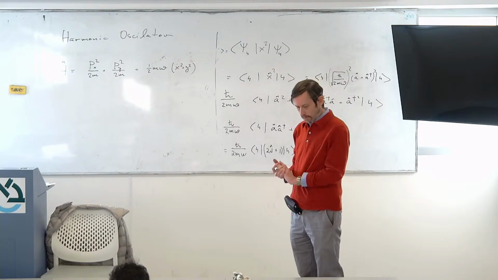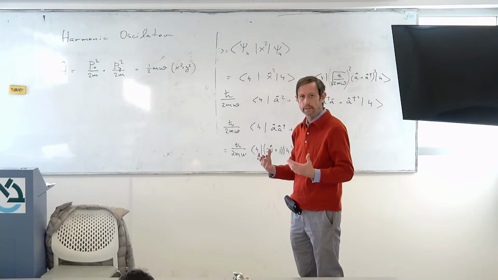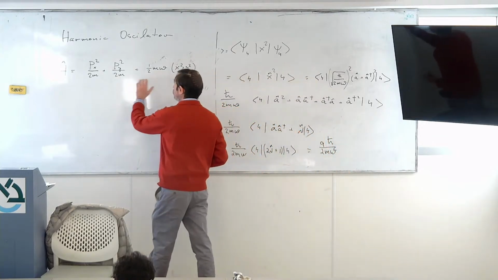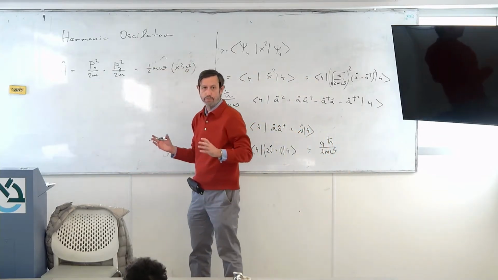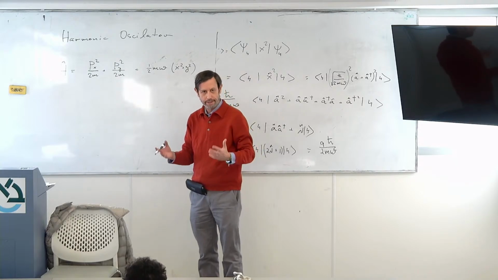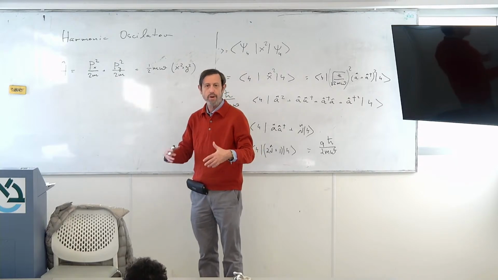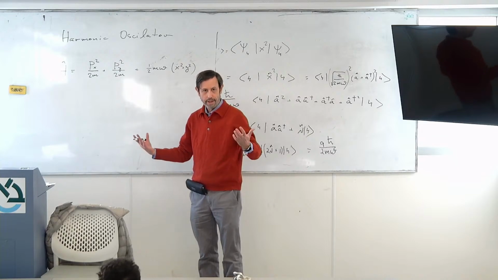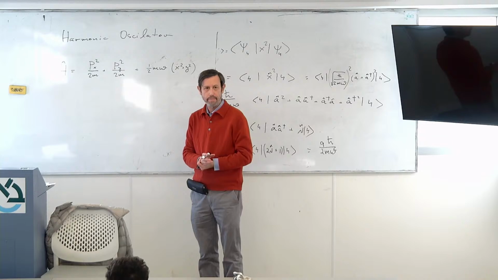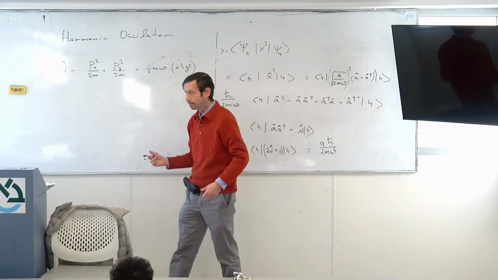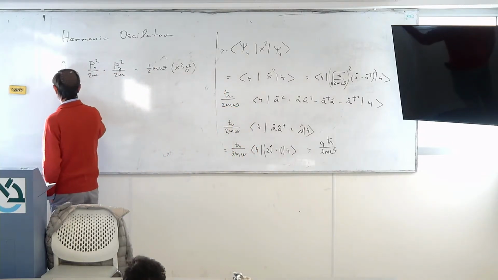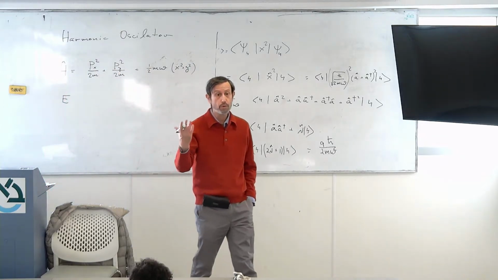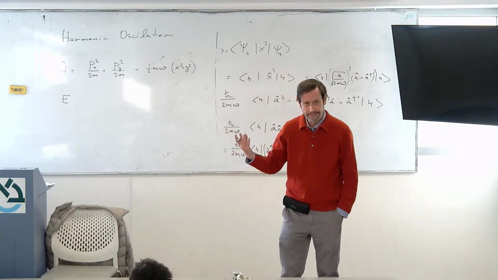Now, without going through the details of the math, you can see that I can do the same fun and games for px squared plus x squared and for py squared plus y squared. And how will I end up? I'll have here 2 parameters because I have 2 independent ends.